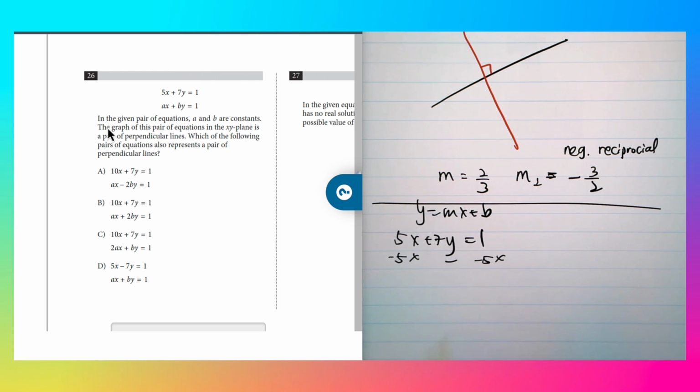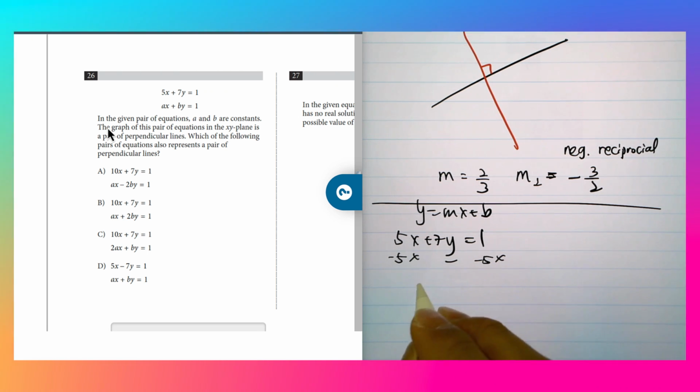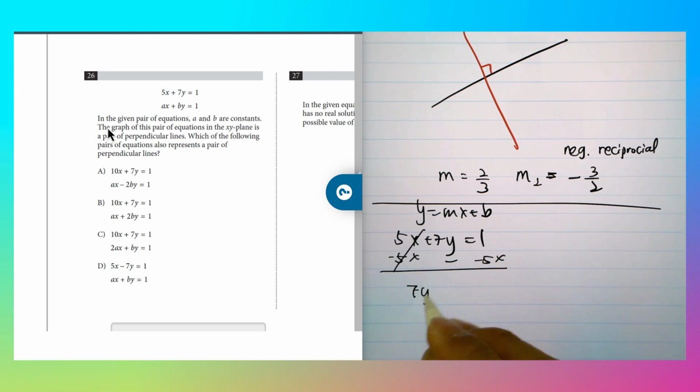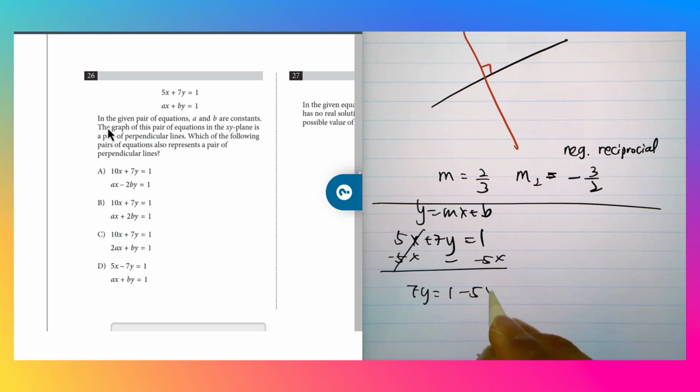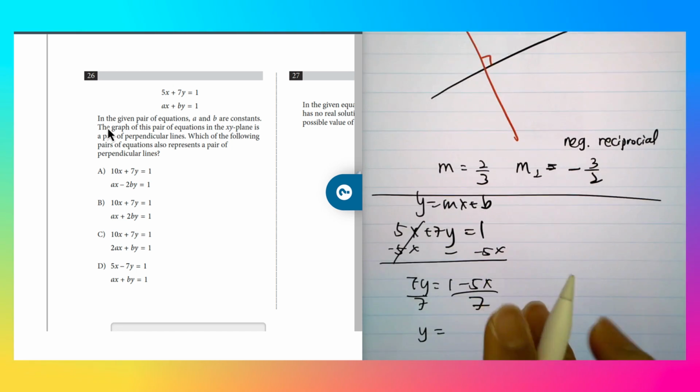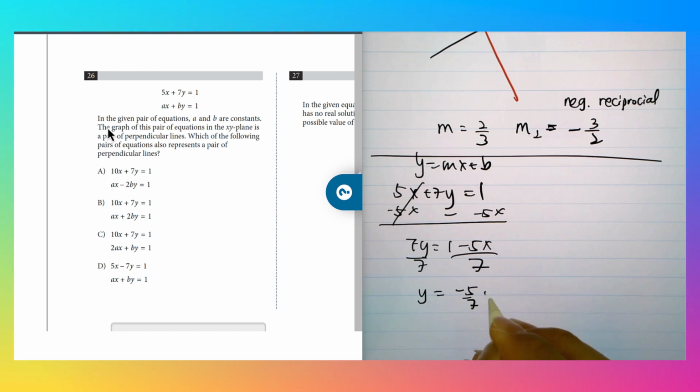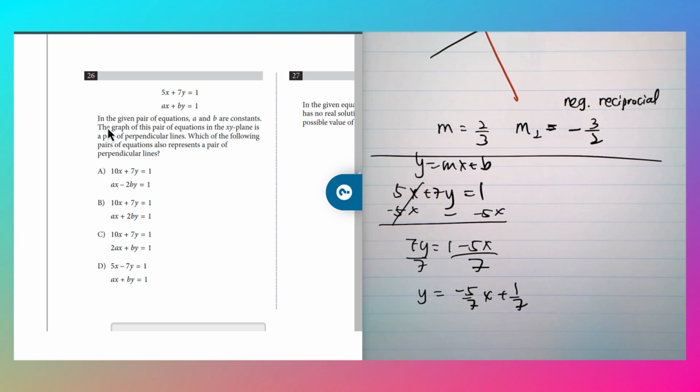So the goal is to isolate the variable y on one side of the equation. So when you subtract, you get 7y is 1 minus 5x. And then when you divide both sides by 7, you get y is equal to negative 5 over 7 x plus 1 over 7. Okay, I hope everyone got this so far.